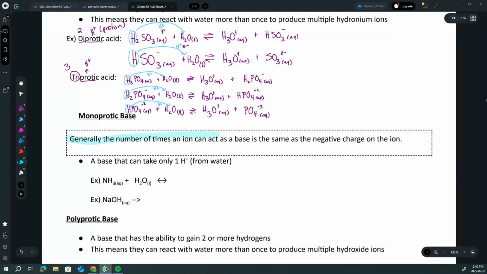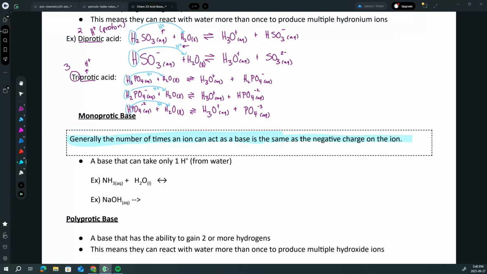So for bases, generally the number of times an ion can act as a base, the number of times a base can accept a proton, or H plus ion, is going to be equal to the negative charge on the ion. So if your base has a -1 charge, it can accept 1 proton. If your base has a -2 charge, then it can accept 2 protons, so on and so forth.